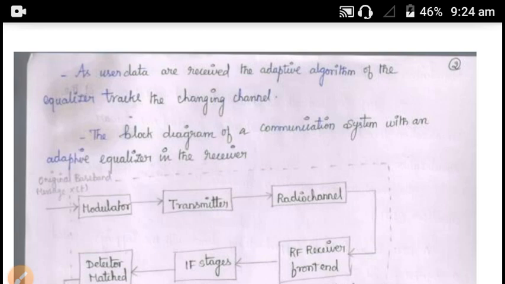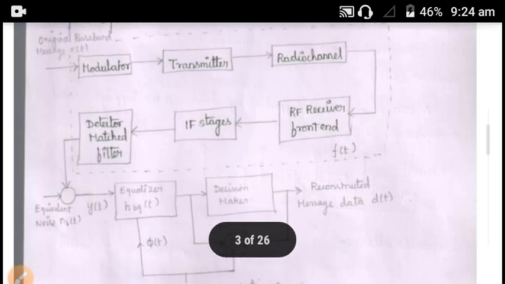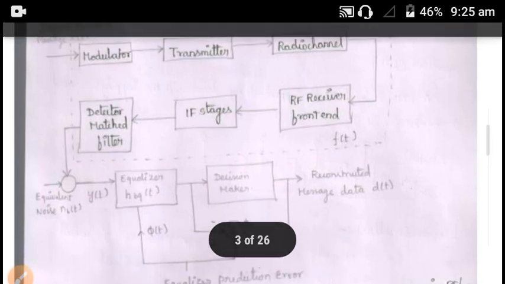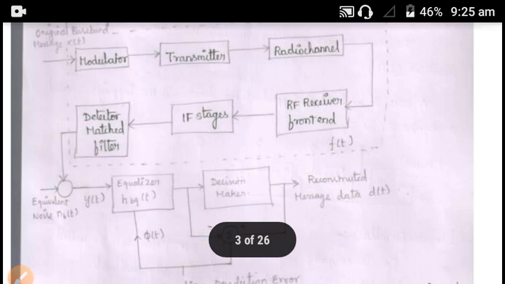The block diagram of this communication system with an adaptive equalizer is shown here. This figure shows the communication system with the adaptive equalizer.